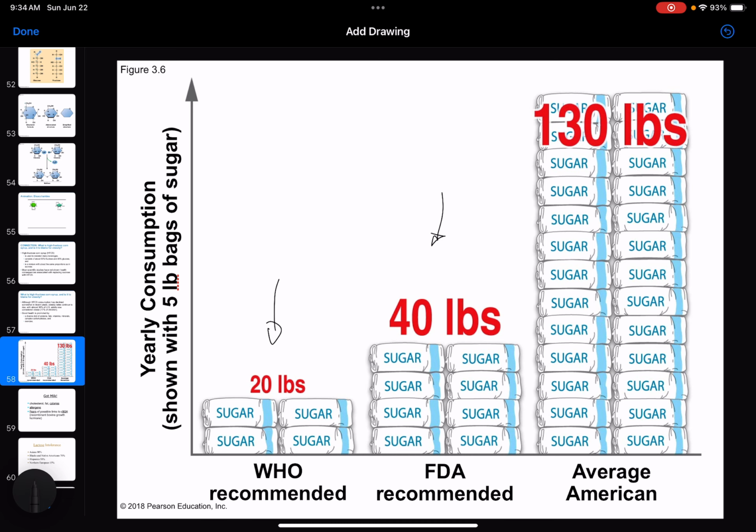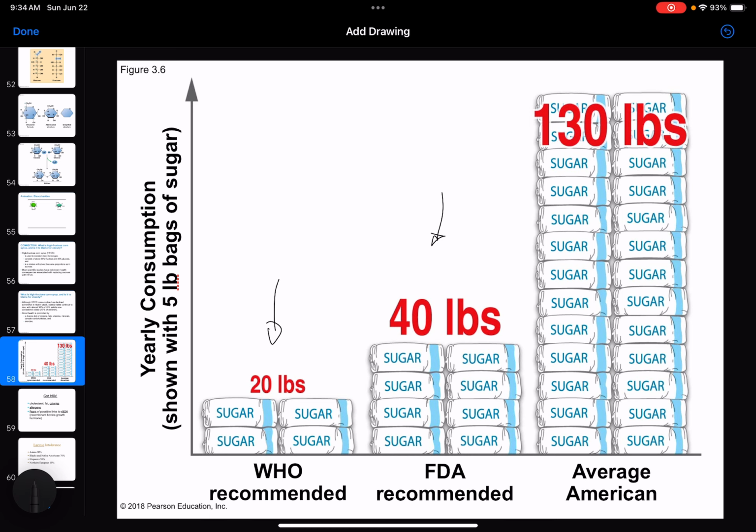Think about the grocery time in your life. Like, think about the time you go to the grocery store. And now think about the cereal aisle and grains. That's a lot of sugar, lots and lots of sugar.